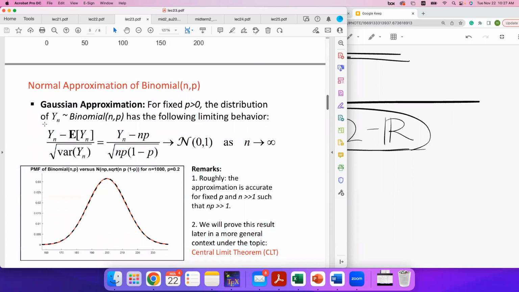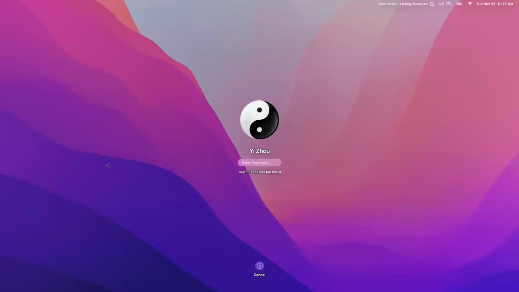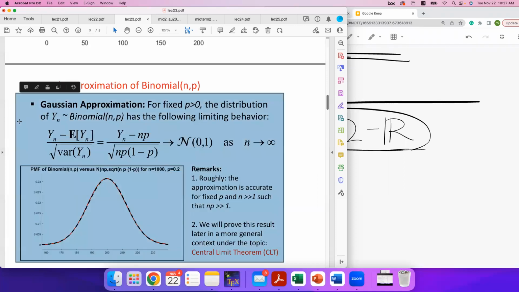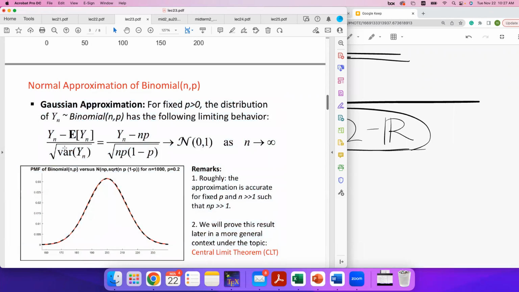If we consider the normalized random variable, where Yn is a binomial random variable, we subtract the mean and divide by the standard deviation.